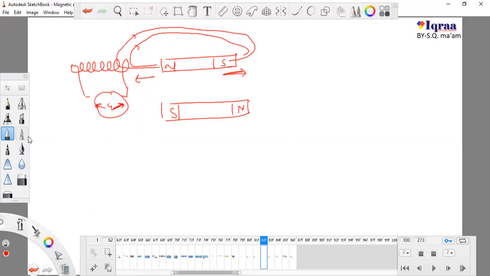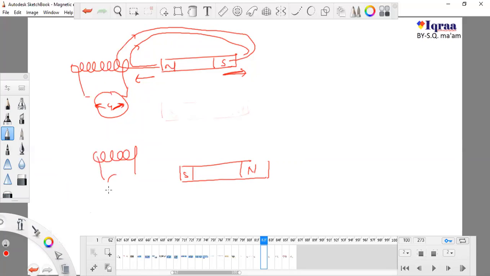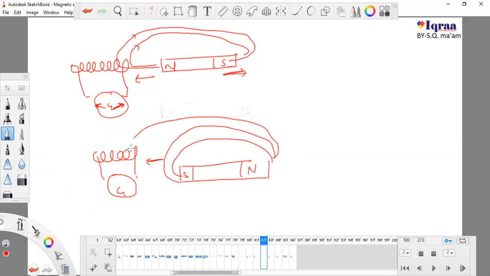In this case, when we move it closer, definitely the magnetic field lines, these are the magnetic field lines, go north to south.